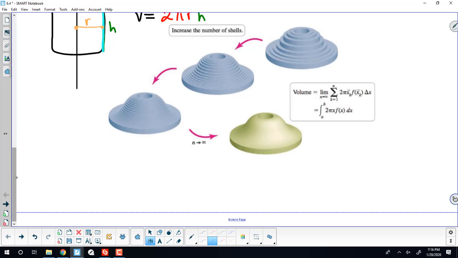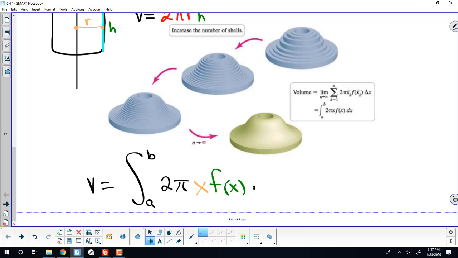Just write this out a little bit larger, I guess. This volume is the integral from a to b of 2 pi times the radius times the height, which is given by f of x.